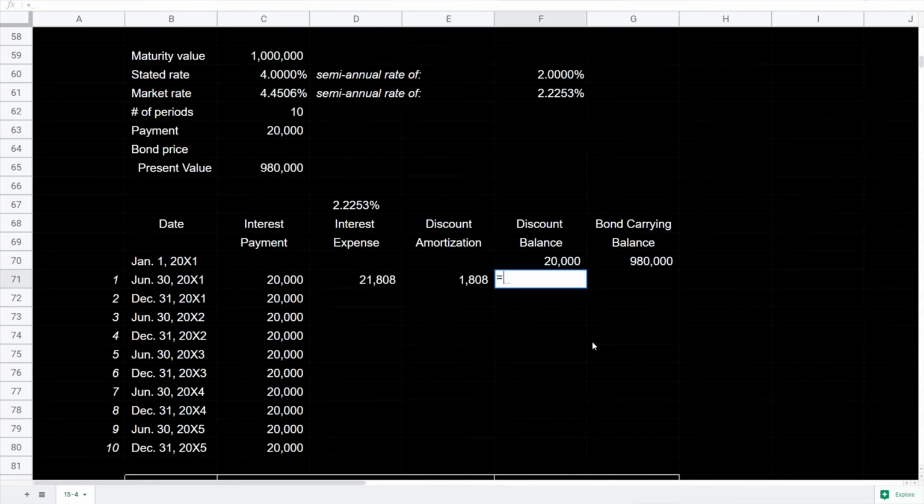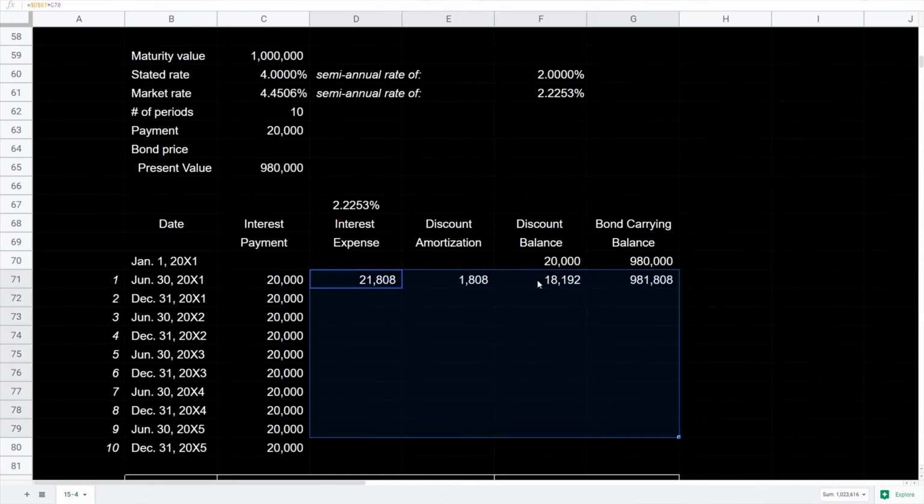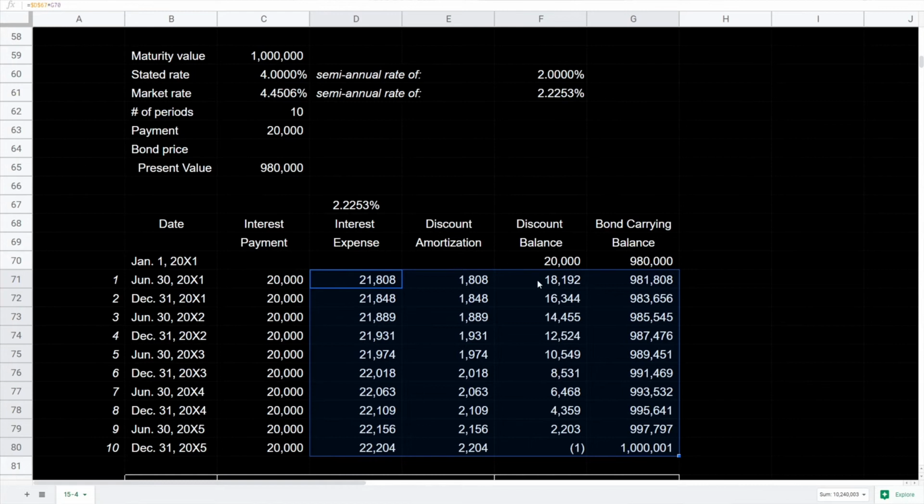The remaining discount balance is the original balance subtract what was allocated to the period, or in this case, $18,192. If we were to take the maturity value and subtract the discount balance, we would have our new carrying balance. We can carry this all the way through and see what things look like.